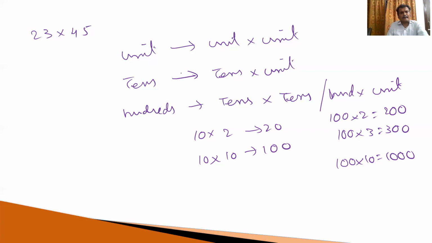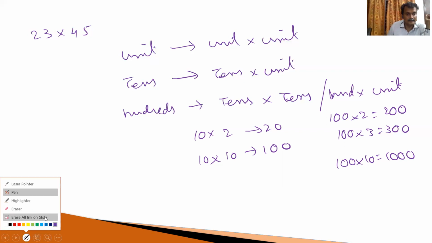Now, how to multiply these types of numbers? Just focus on this concept and apply this logic to find 2-digit by 2-digit multiplication. Here 23 by 45. Just write down 2, 3, 4, 5.